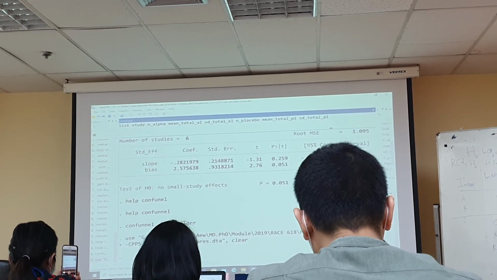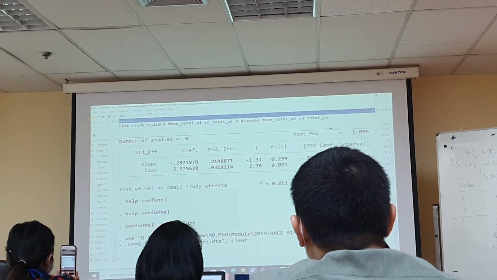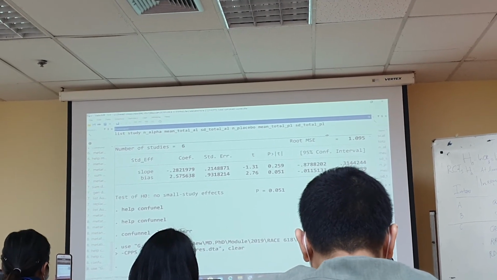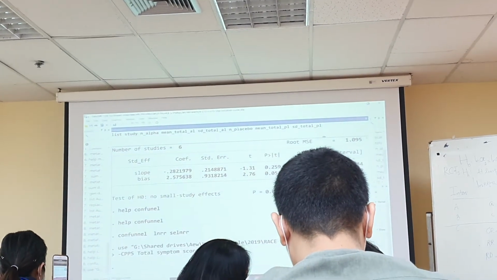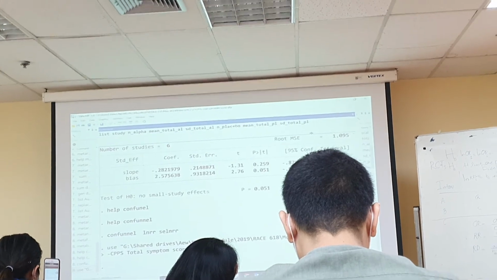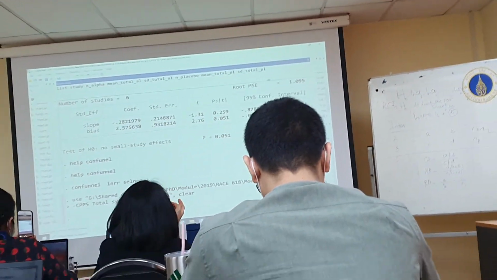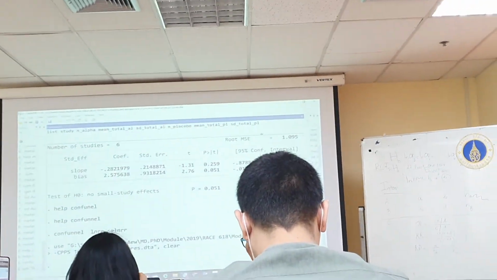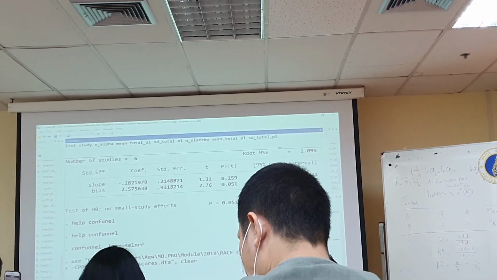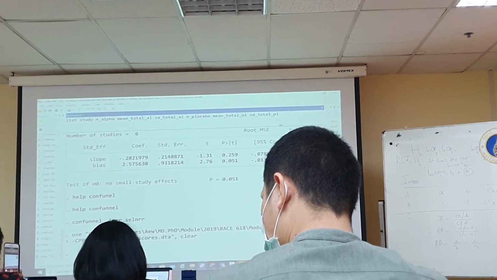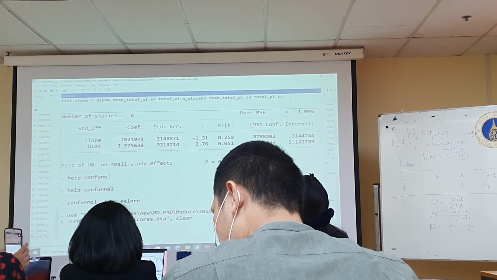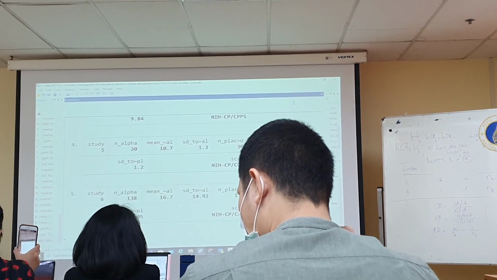Okay, and the mean here is the total symptom score measured using different scales. So in order to let us combine 6 studies together, let's add another one, scale.